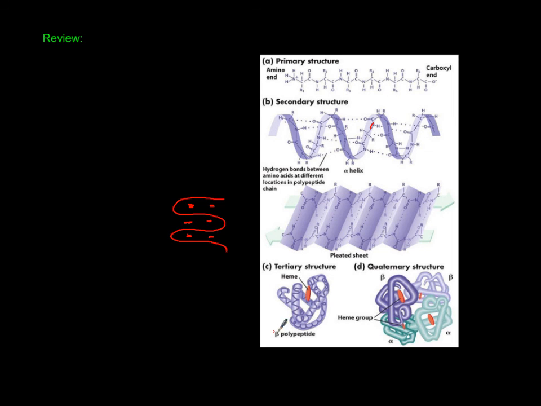This strand can further collapse into itself and have hydrogen bonding, disulfide bridge, ionic interactions, London dispersion to give you tertiary. Finally, you could have more than one strand or one molecule of proteins reacting together and acting together, and that's known as quaternary structure of proteins.